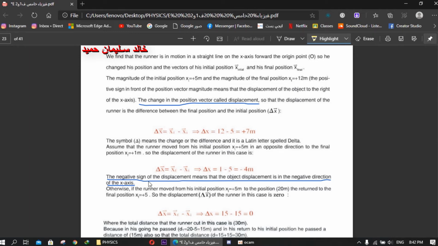The negative sign of the displacement means the object displacement is in the negative direction of the x-axis. Now if the runner moved in displacement, then returned back to its initial position, the total displacement will be 0.